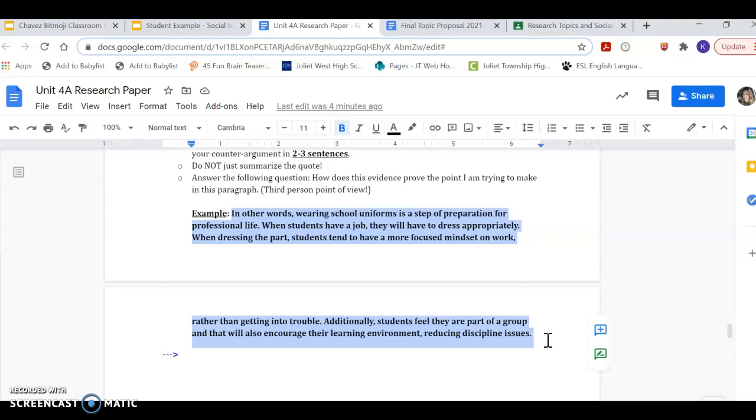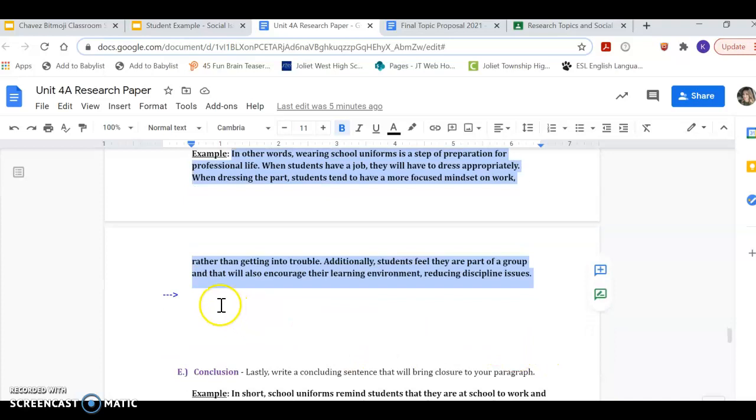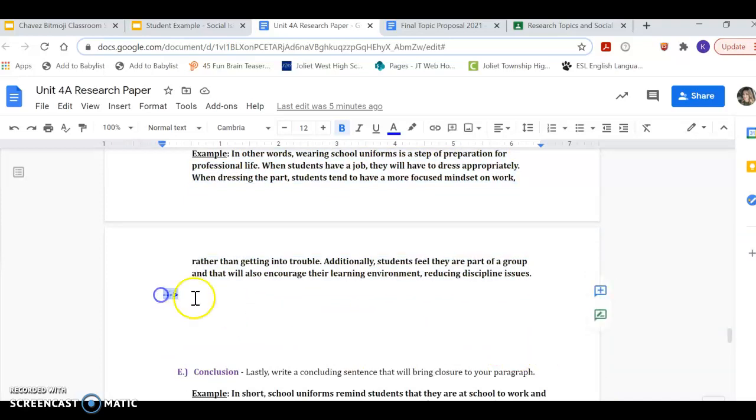When dressing the part, students tend to have a more focused mindset on work rather than getting into trouble. Additionally, students feel that they are part of a group, and that will also encourage their learning environment, reducing discipline issues." So I connected to my quote and my topic sentence, and I did not repeat it or summarize it, I analyzed it. So you are typing yours next to this blue arrow underneath the example.